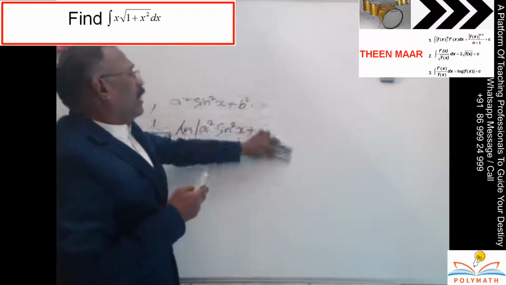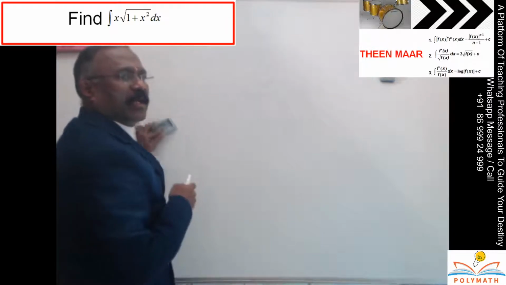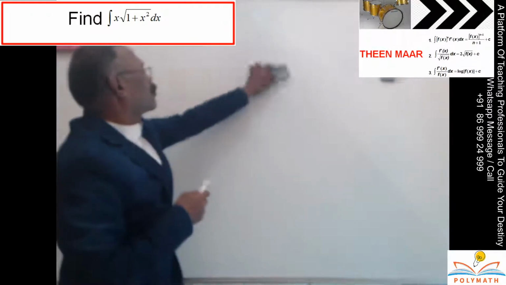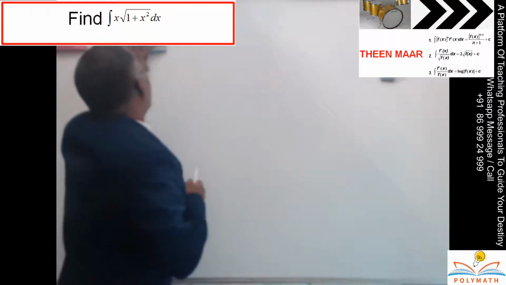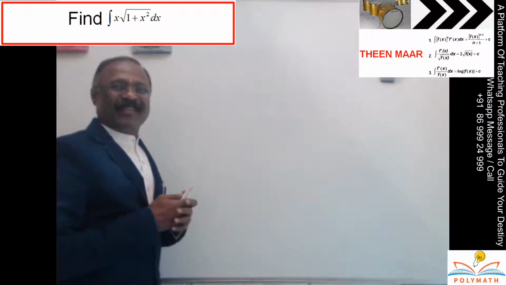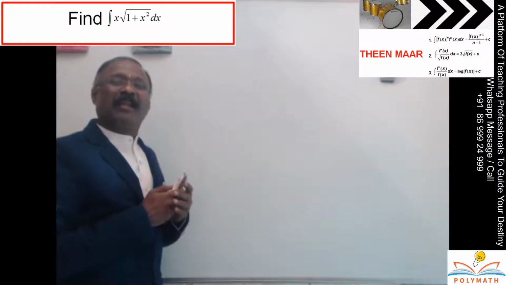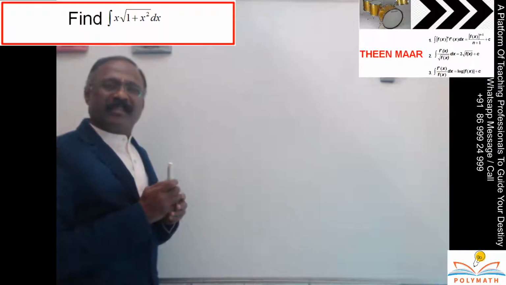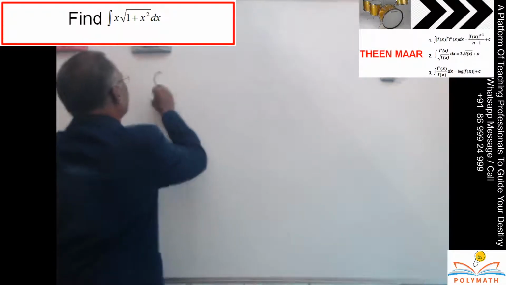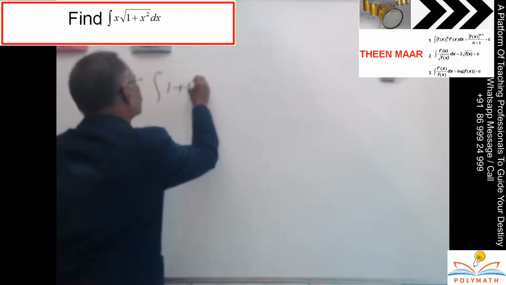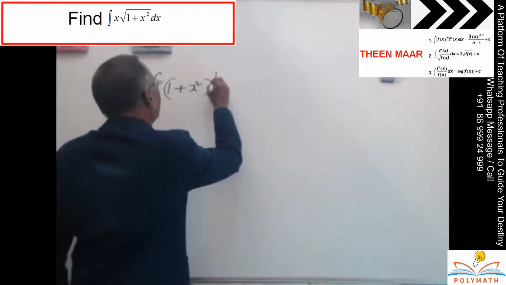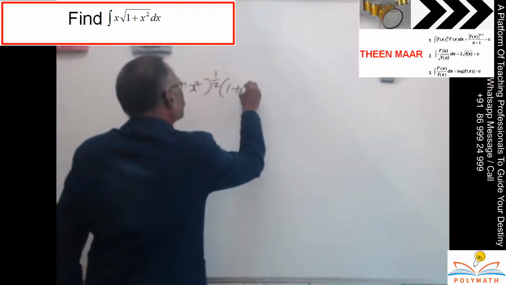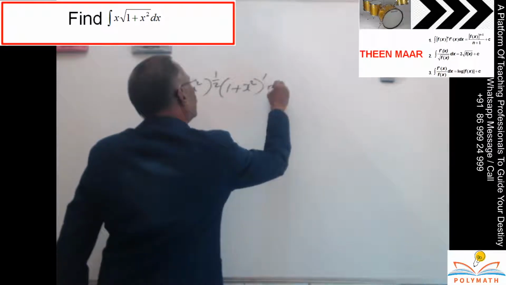If you take the integral of x root 1 plus x square, under the root there is 1 plus x square. What is the derivative of 1 plus x square? 2x, and x is outside. So it is simply 1 plus x square whole power 1 by 2 into (1 plus x square) dash dx.